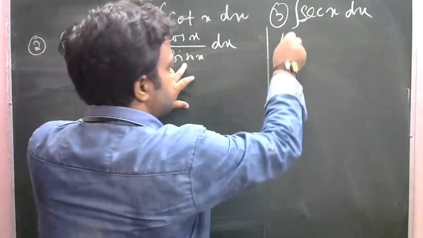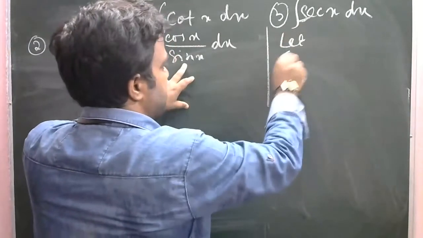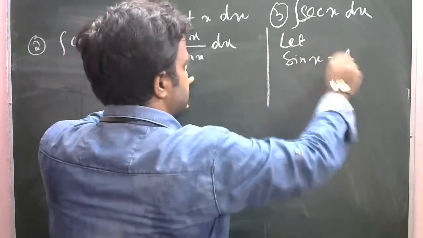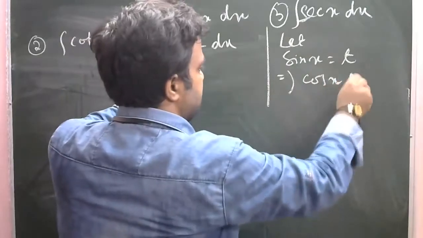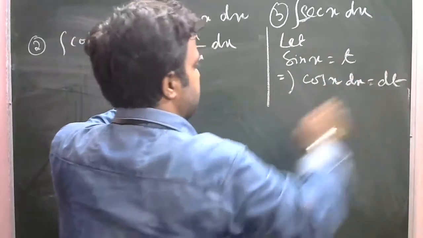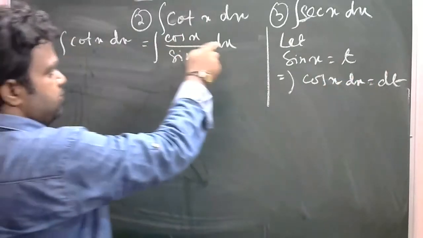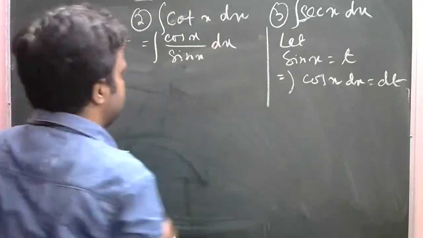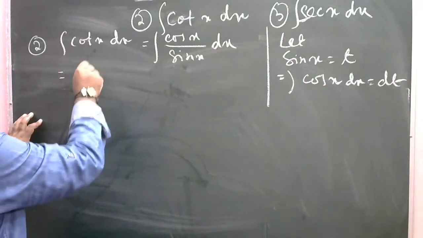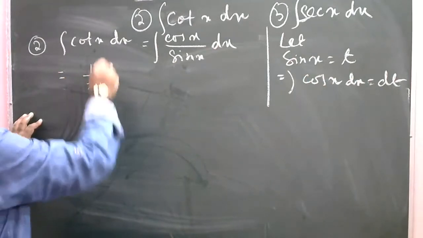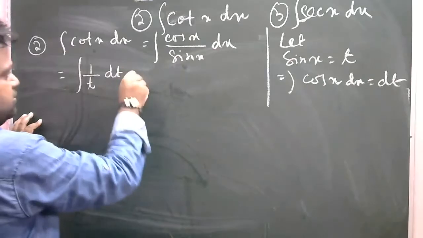So I'll let sin x be t. So cos x dx is dt. Now you see my numerator will be converted, and the denominator is already t, so it can easily be done.